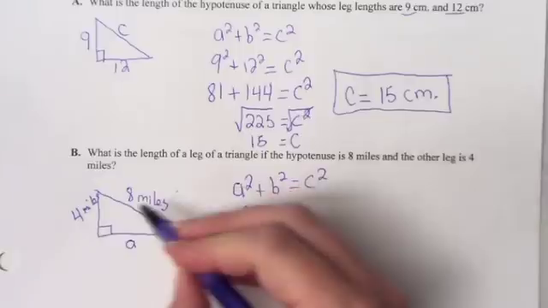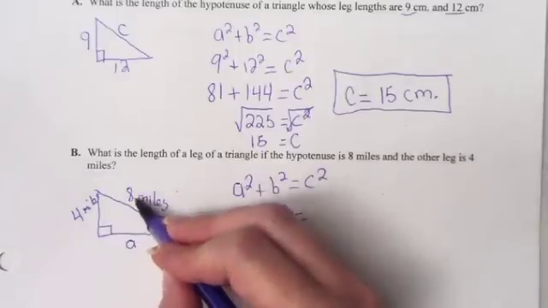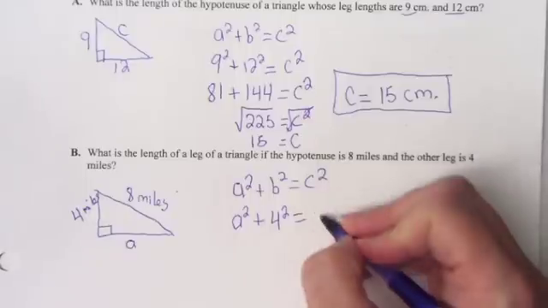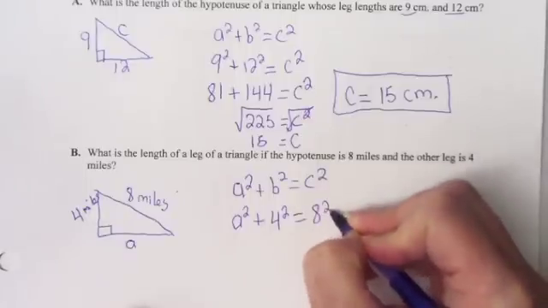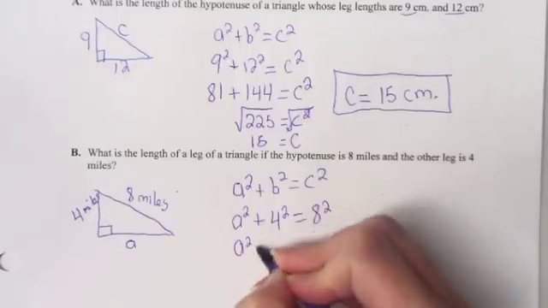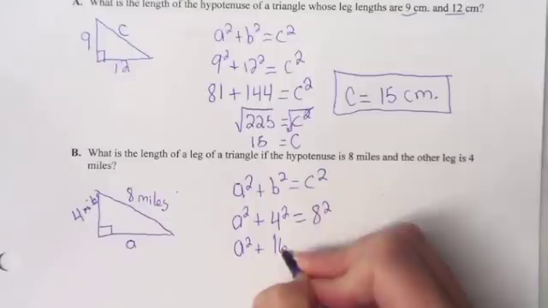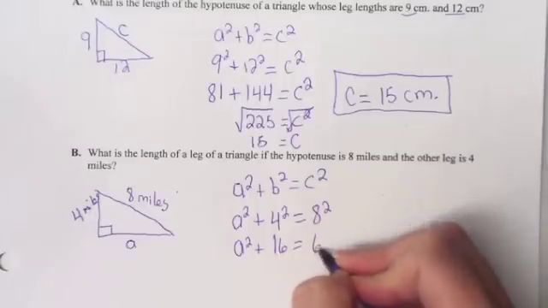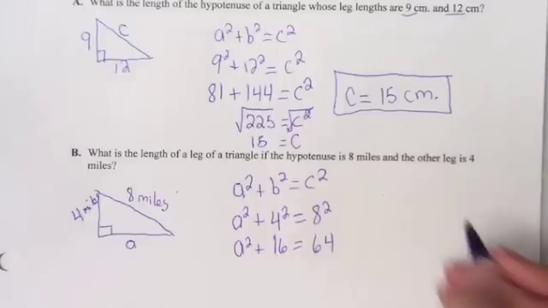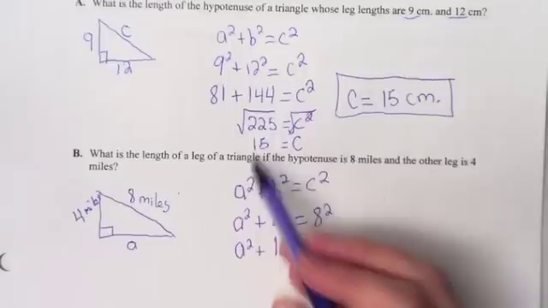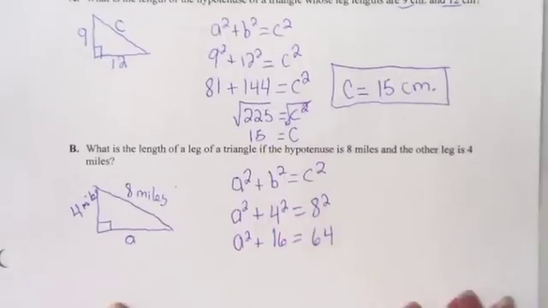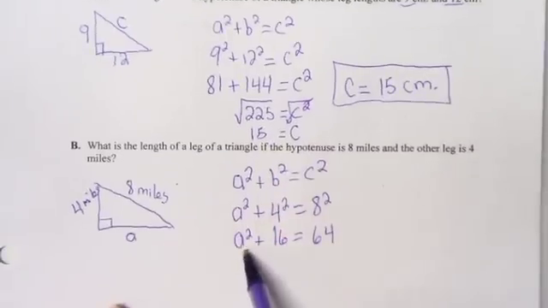Equals, but then the 8 absolutely has to go in the spot where c is because it is the hypotenuse, and the hypotenuse is always c. So that equals 8 squared. We get a squared plus 4 squared, which is 16, equals 8 squared, which is 64. Now this turns out differently than letter A did, because now we have to get a squared by itself.